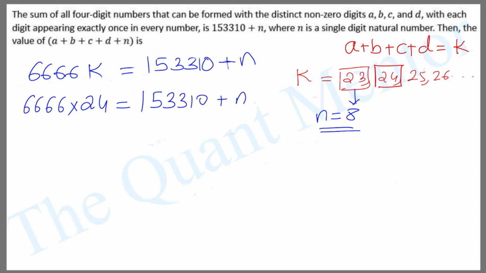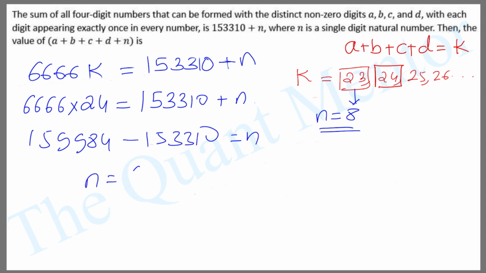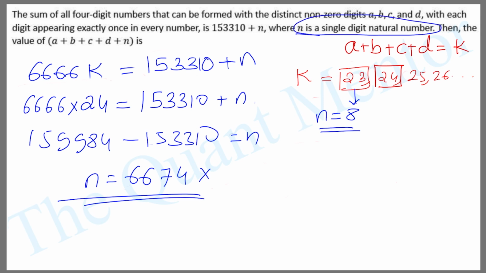Once again, using the on-screen calculator, for the left hand side, I'll get 159984, and from that I'll subtract 153310 to get the corresponding value of n. n will be equal to 6674, and that's completely unacceptable because as per the question, n is a single digit natural number. So we cannot take n as 6674. As a matter of fact, k is equal to 24 is also not acceptable. And again, if you keep on increasing k, we'll get higher values of n which won't be acceptable.